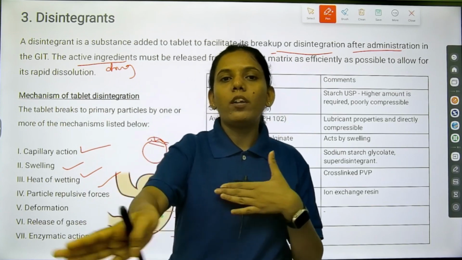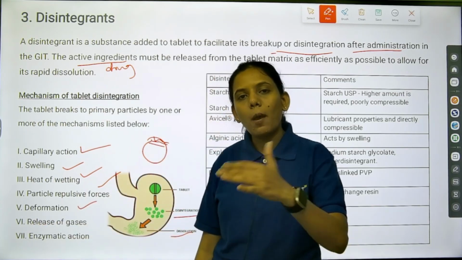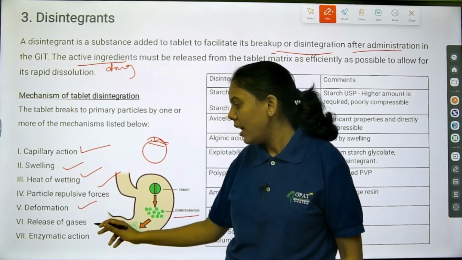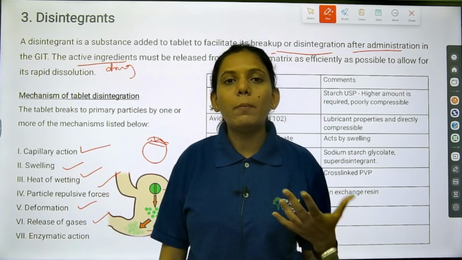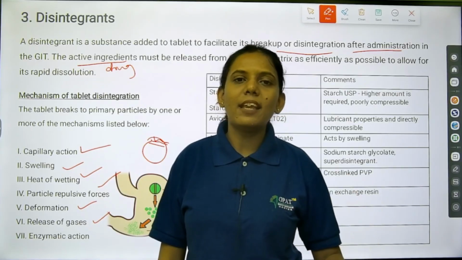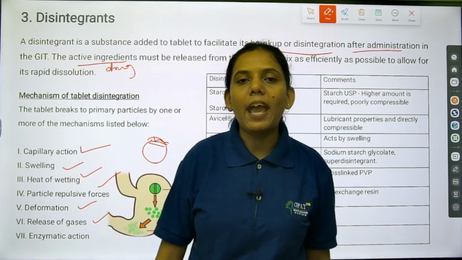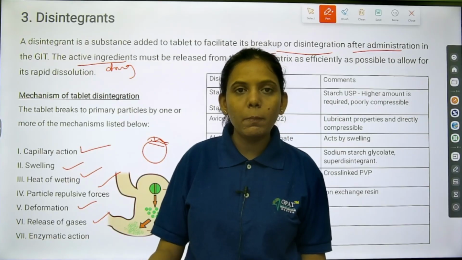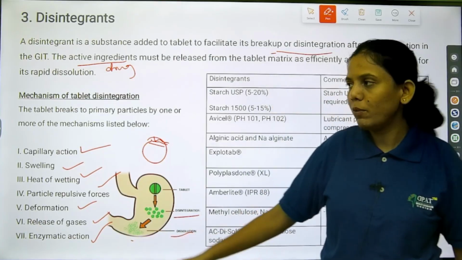That's how the water molecules will enter. Deformation: the formation of the tablet, the opposite is deformation. Release of gases: there are certain tablets which are susceptible to enzymes. Many enzymes are present in the body, right? These enzymes will act on the tablet and may release certain kinds of gases, and that's how disintegration happens. And the enzymatic action is the same, okay?